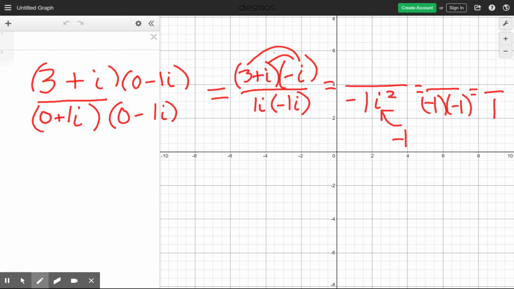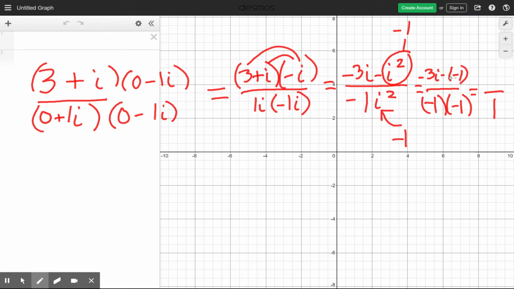So negative i times 3 is negative 3i. Negative i times i is negative i squared. Again, we can replace the i squared with negative 1. So this leaves us with negative 3i minus negative 1.